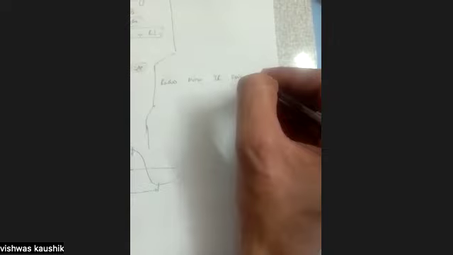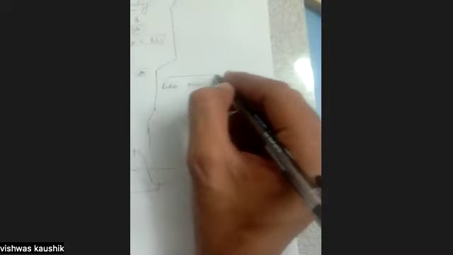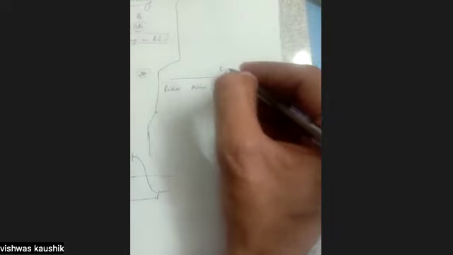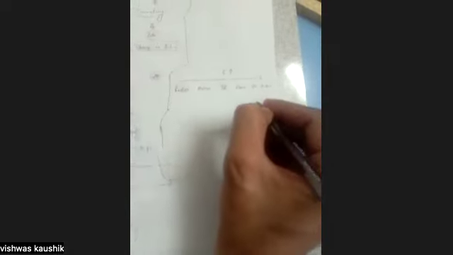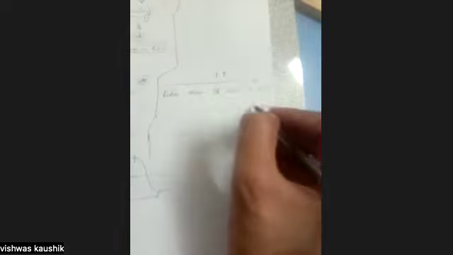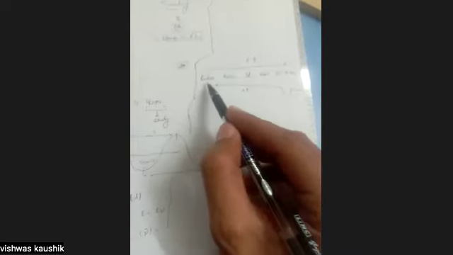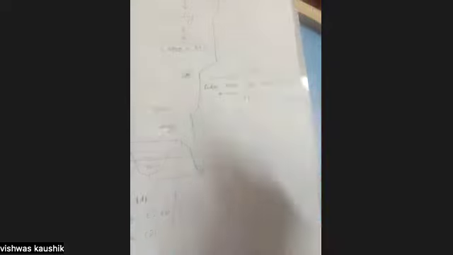If we move from left to right, the energy of the radiation goes on increasing, and if we move from right to left, this is the increasing order of the wavelength. So these are the different kinds of radiations that we study or which are more helpful to us.